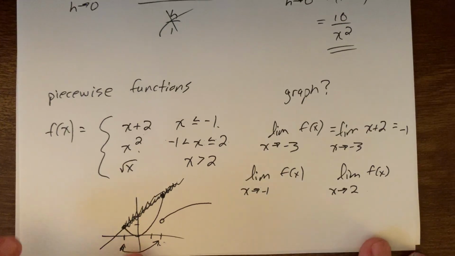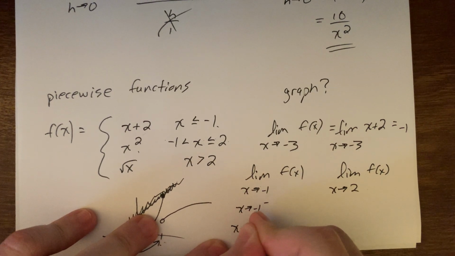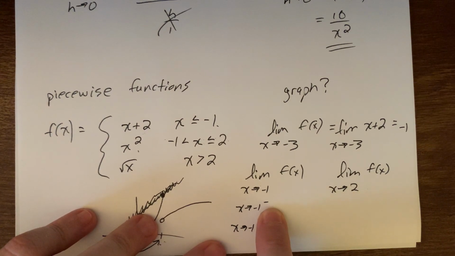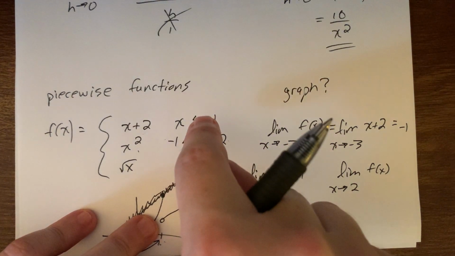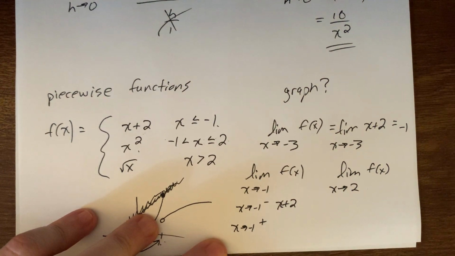So when we have one of these turning points, we're going to have to break it down into the two sections. If you approach -1 from the left, -1.2, -1.1, all of those x's are in this category, so you can use the x plus 2 function.